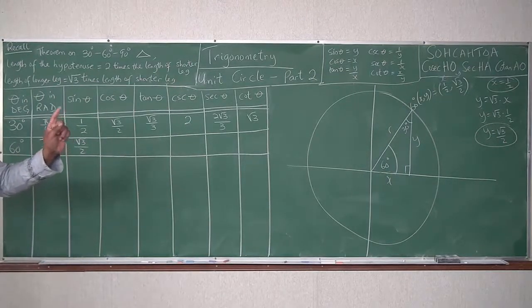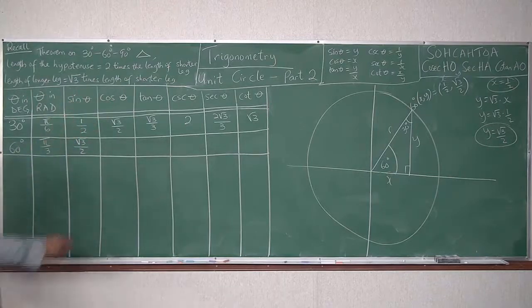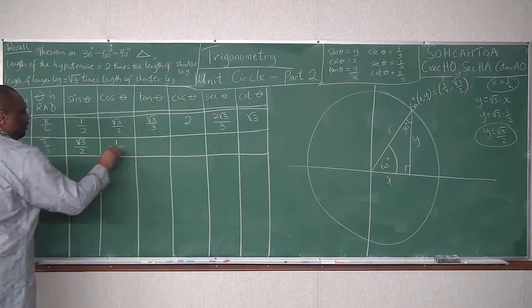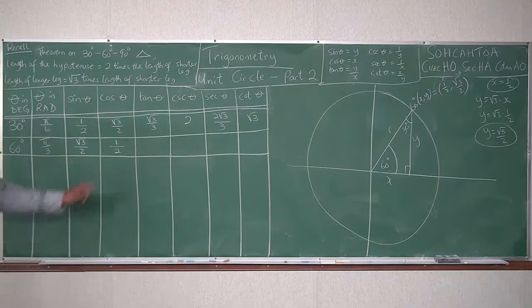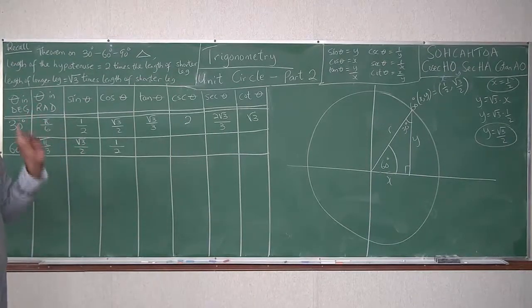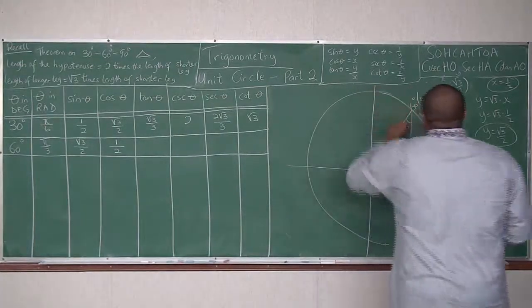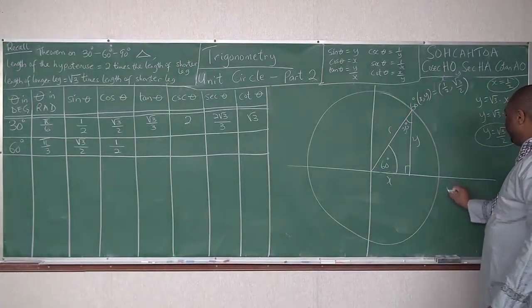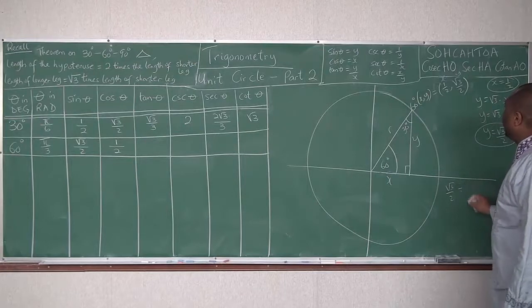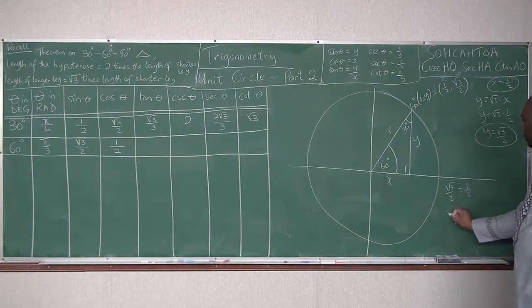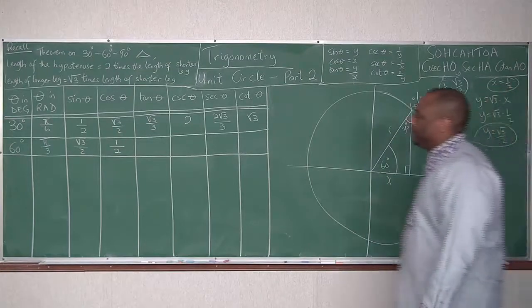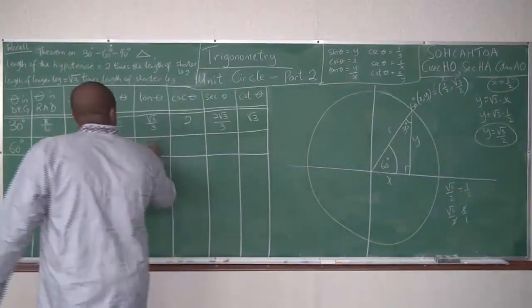Cos theta is x, so cos 60 degrees is 1 over 2. Tan theta is y divided by x. Square root of 3 over 2 divided by 1 over 2. So this is square root of 3 over 2 times 2 over 1. And that is square root of 3.